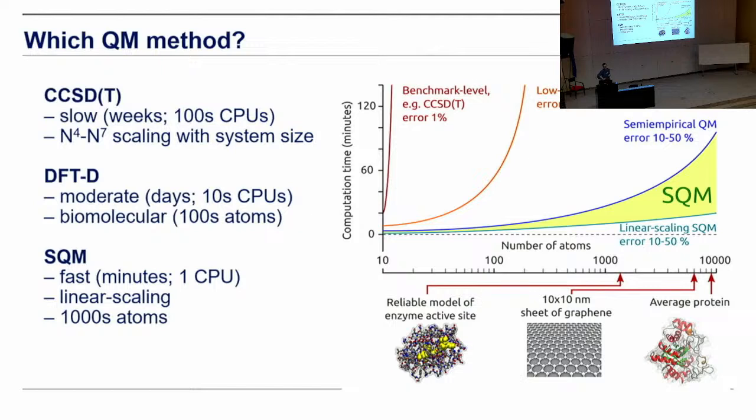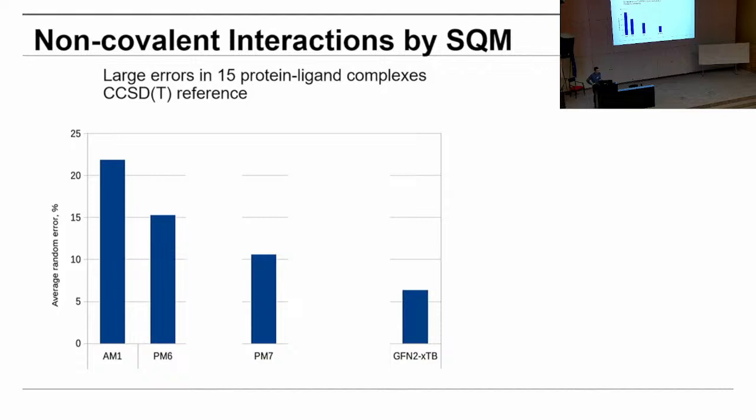So it means they can even go to linear scaling, but as you can see, the errors are on the order of 10 to 50%. That's worse than molecular mechanics. So what can we do with that? Here we compared to the benchmark level CCSDT, the traditional and one newer SQM method.